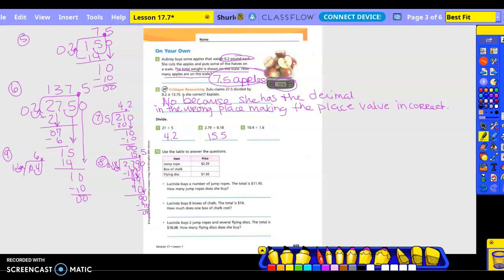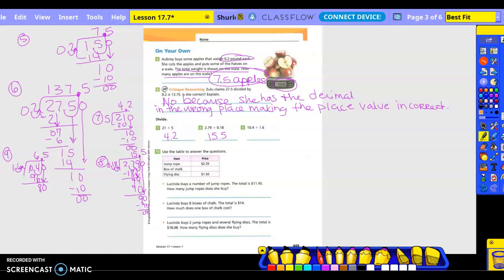6 times 6 is 36, put the 6, mentally carry the 3. 6 times 1 is 6, plus 3 is 9. So we're left with 8, right? Yes, no? Okay. Add a 0, bring it down. 16 into 80. 4 times? 5, because remember we said 16, we went up to 20, so we're a little bit high for our estimate, so let's go ahead and try the 5.